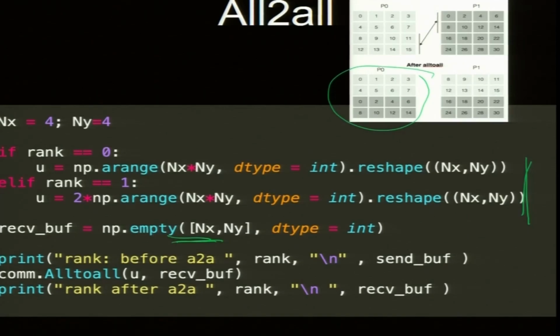Okay, and I need to transfer. Well, basically all to all will do all that sending stuff. So, this function will take both the send and receive buffers and do this task of diagonal transfer, and you will get this.